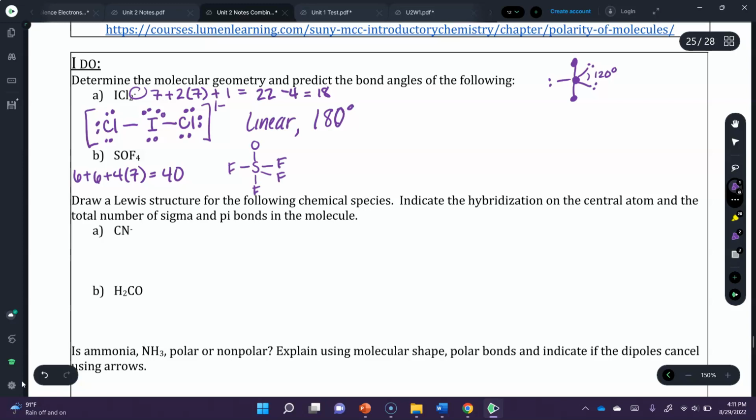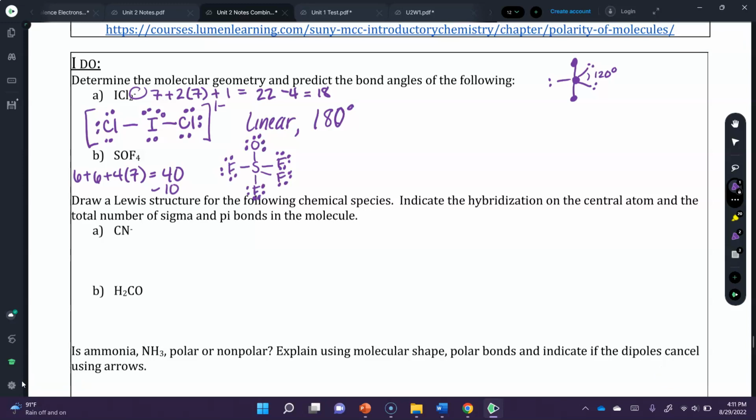Okay, so you use 10 to bond those, so now we'll add 30 electrons around here. 1, 2, 3, 4, 5, 6, 7, 8, 9, 10, 11, 12, 13, 14, 15, 16, 17, 18, 19, 20, 21, 22, 23, 24, 25, 26, 27, 28.